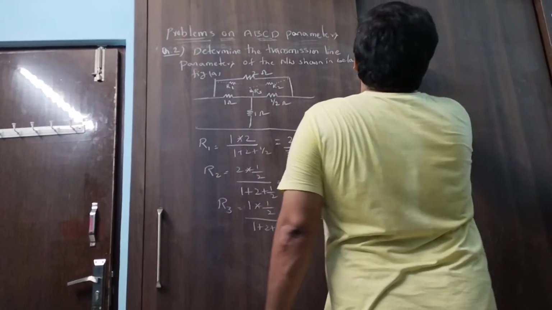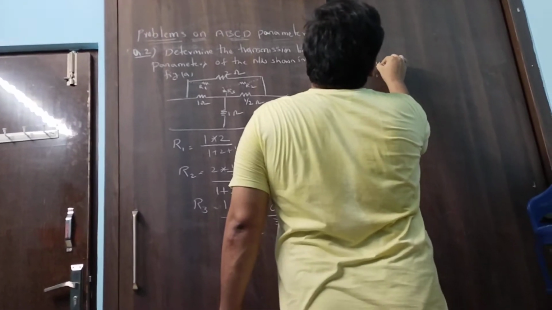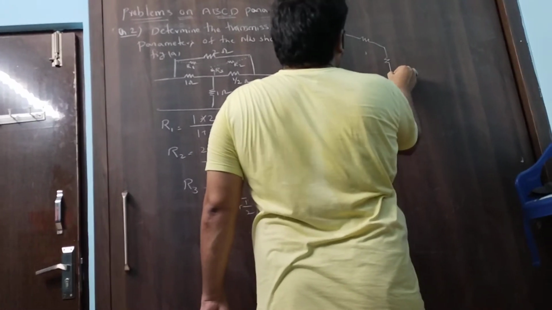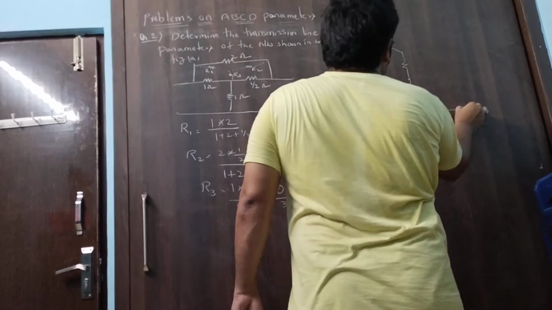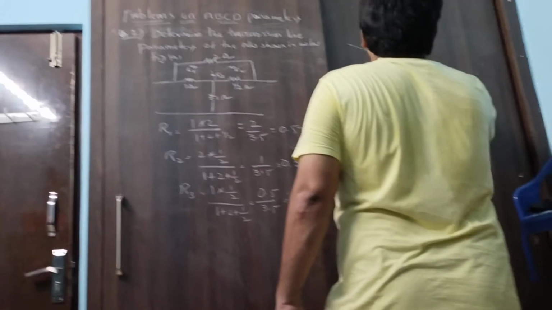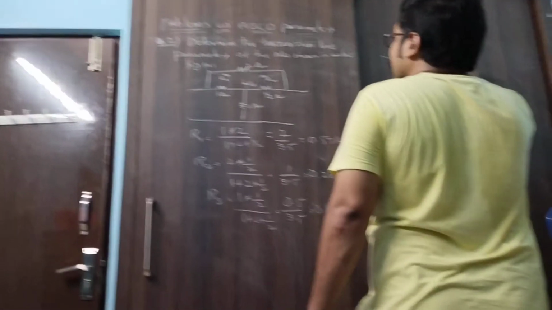So we need to simplify the network like this. Again, we have the resistance like this, and another resistance like this.